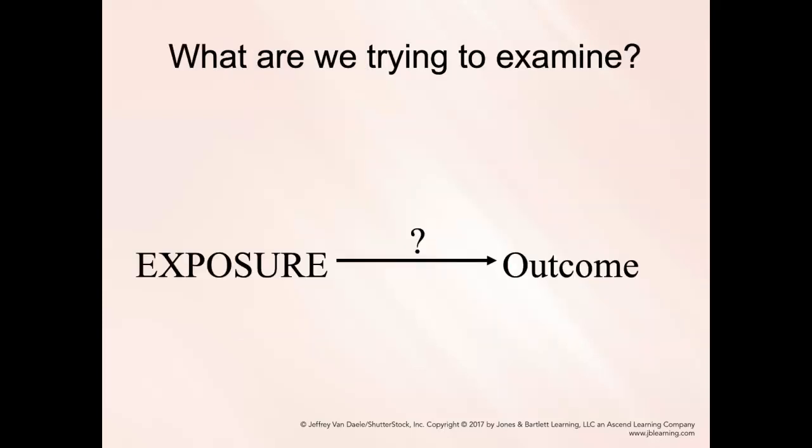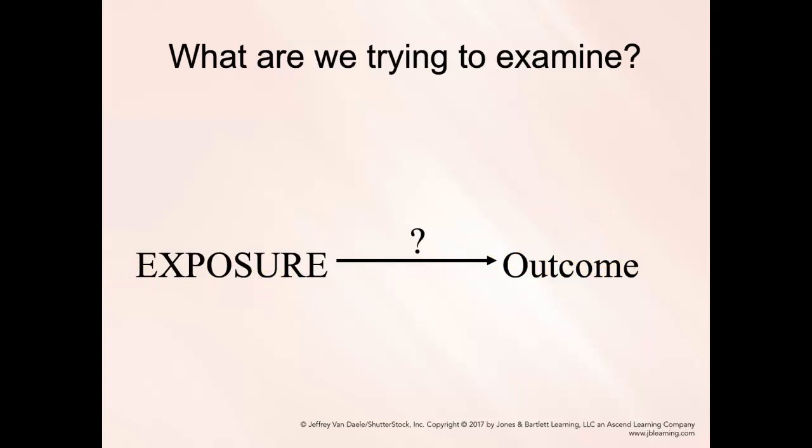When we're conducting epidemiological research, what we're typically trying to understand is the relationship between some independent variable or some exposure variable. Remember, your independent variable is always going to be that risk factor or that exposure that you're looking at, and the relationship with your outcome or your dependent variable.